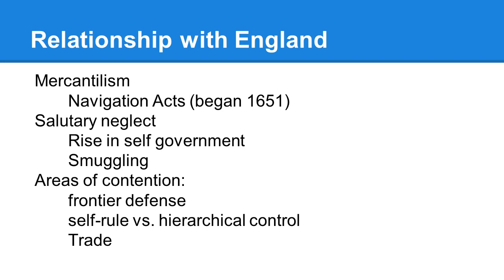The Navigation Acts started in 1651, and some of them got completely outrageous. There were cases where you had to leave one colony with your ship loaded down with goods, go all the way to England, pay a tax as they look through your boat, and then sail all the way back across the Atlantic Ocean to the colony you were destined for, and sell your goods.